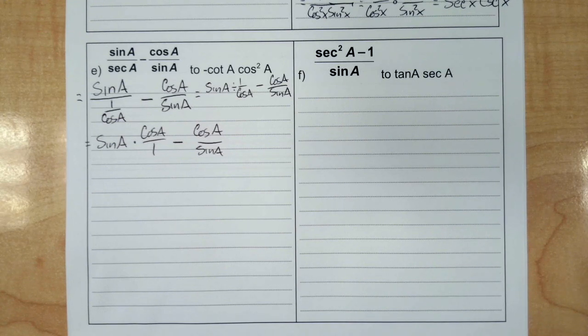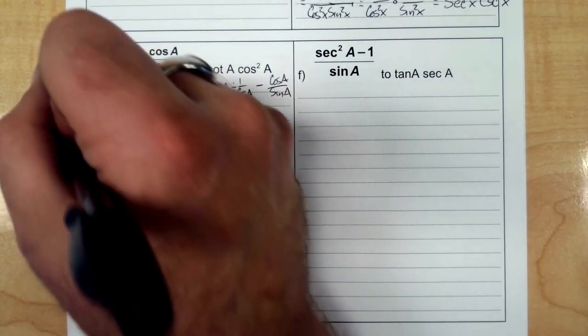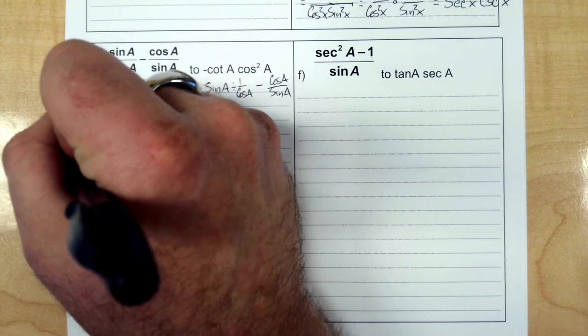But now I don't have common denominators anymore, so I'm going to need to multiply this fraction here by the sine of A on the top and the bottom.